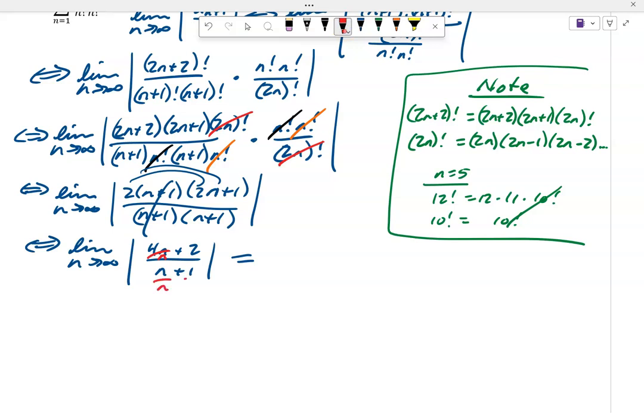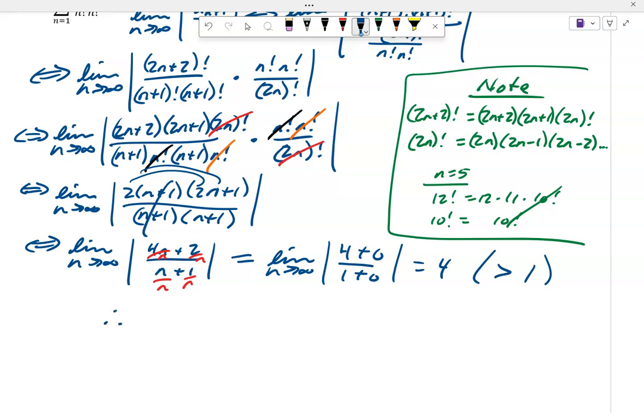So you get 4 plus 0 over 1 plus 0. So we get 4, which is greater than 1. Well, if it's greater than 1, by the ratio test, the series diverges.